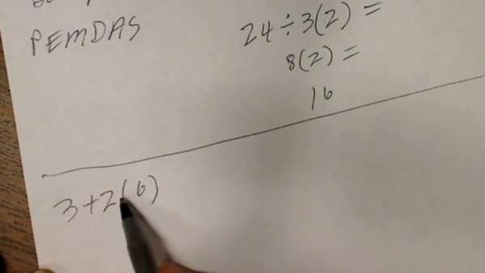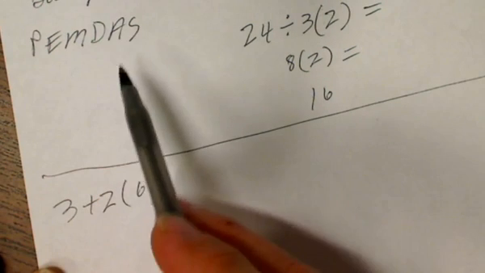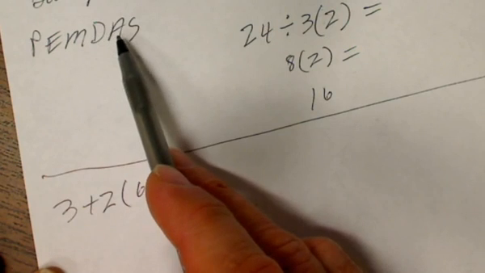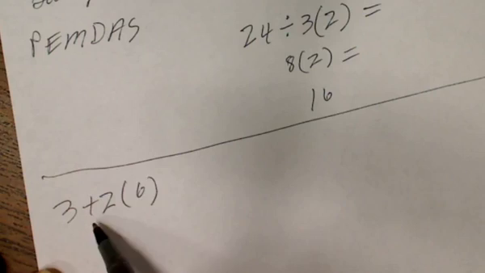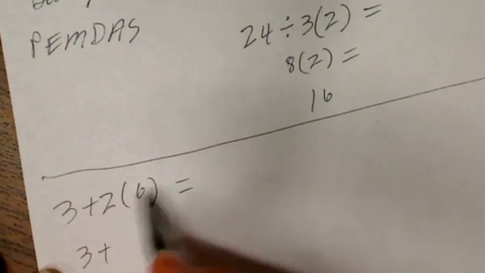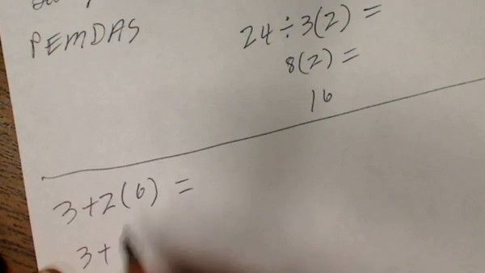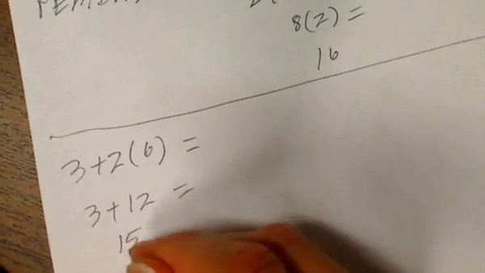This is showing multiplication, and that's showing addition. The order of operations says you have to do multiplication before you do addition. So pay attention. Don't do 3 plus 2 first. That's wrong. Write down the 3, write down the plus sign, and then do 2 times 6, 12. Now 3 plus 12 is 15.